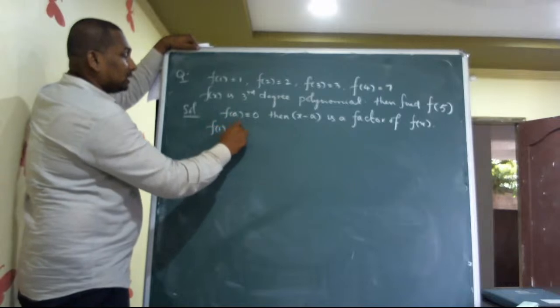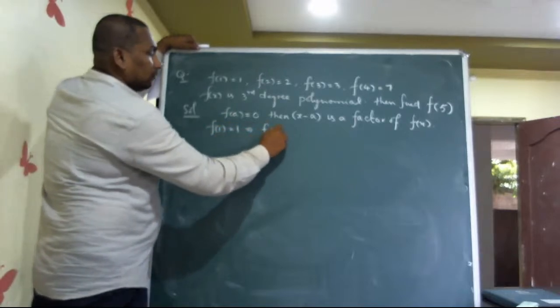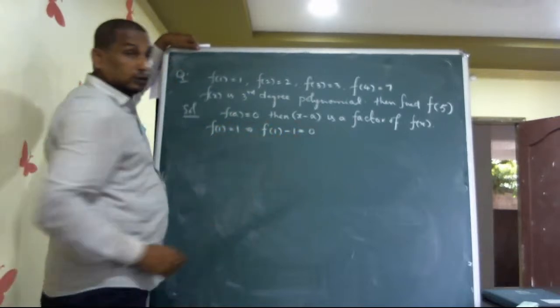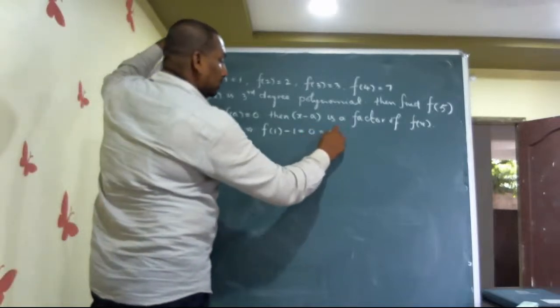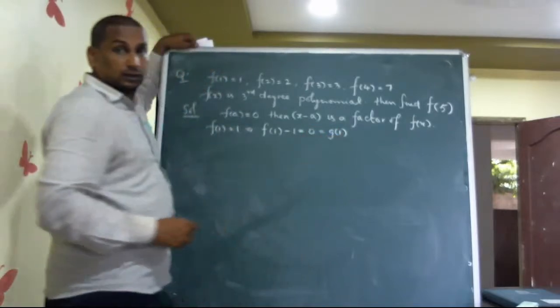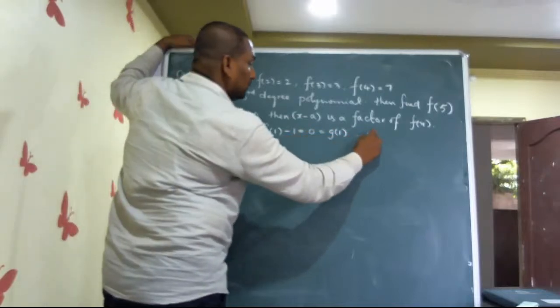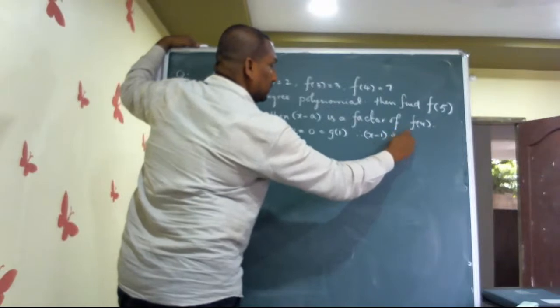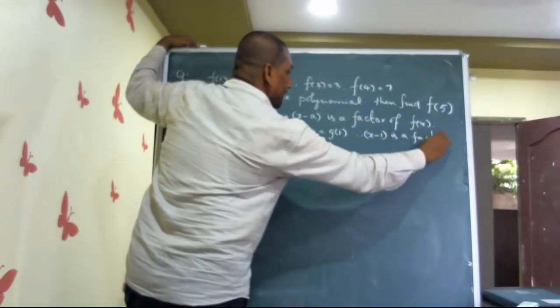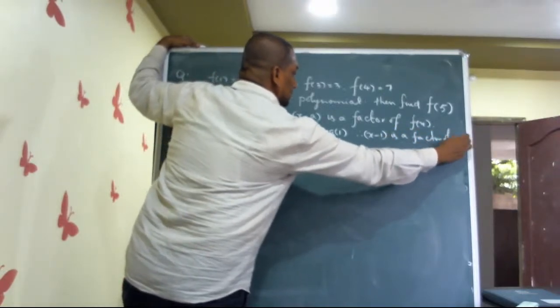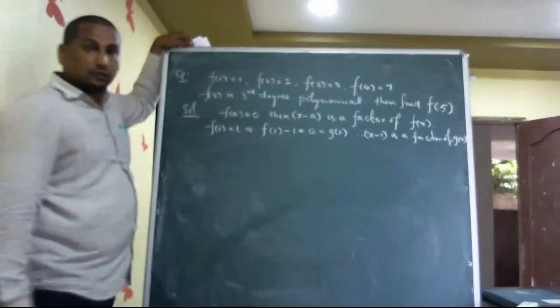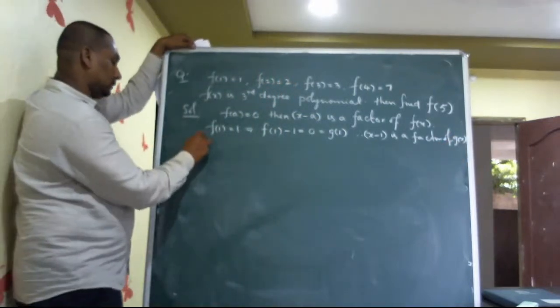So f(1) is equal to 1, f(1) minus 1 is equal to 0. Let it be g(1). So g(1) is equal to 0. Therefore, x minus 1 is a factor of g(x).